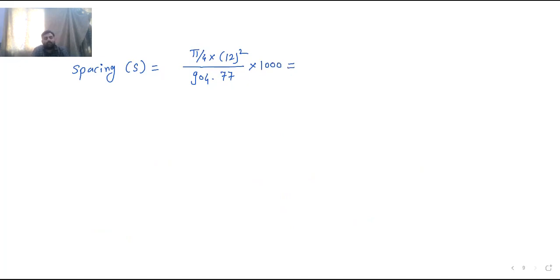So spacing S is equal to AS, the area of single bar, divided by AST provided, into width, that is 1000. So calculate this value and let me know the answer.